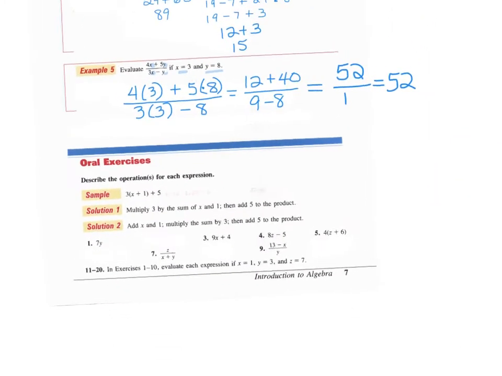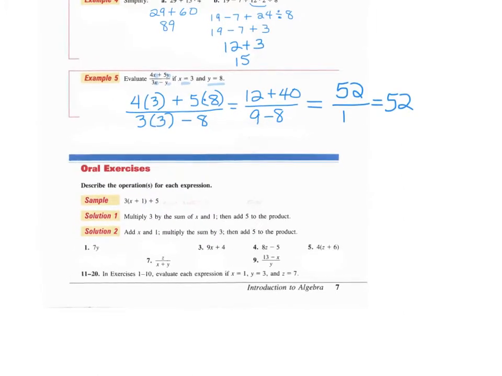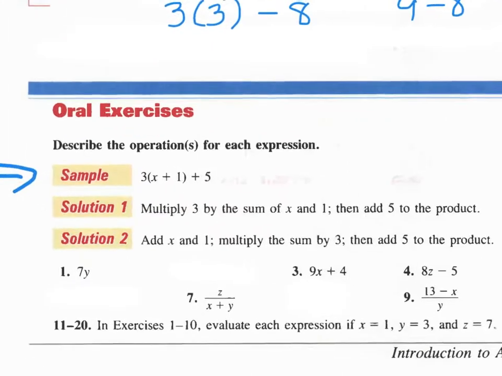All right, so for the oral exercises, it's asking us to describe what operation is being done for each example. Notice in the sample here, it's got a 3, it's got a grouping symbol with x plus 1 in it, and then a plus 5.